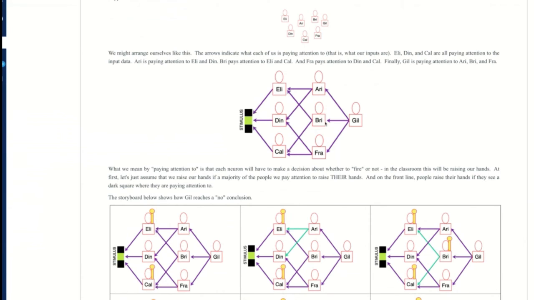Bree is paying attention to Eli and Cal, and Fra is paying attention to Cal and Din. If you're wondering what these names are, they're just alphabetical order and things that only have 3 letters, so it fits in the box. Finally, in the back row is Gil, and Gil pays attention to Ari and Bree and Fra.